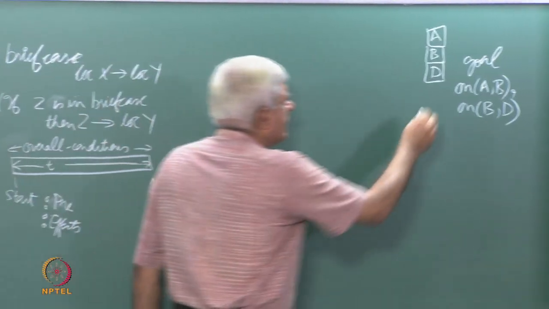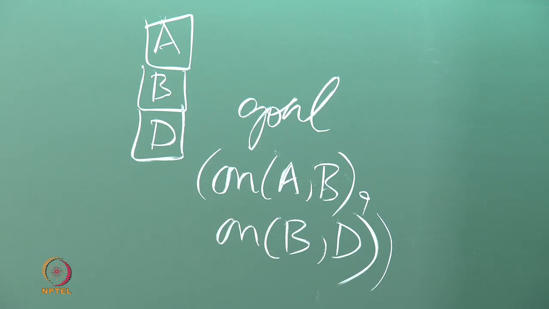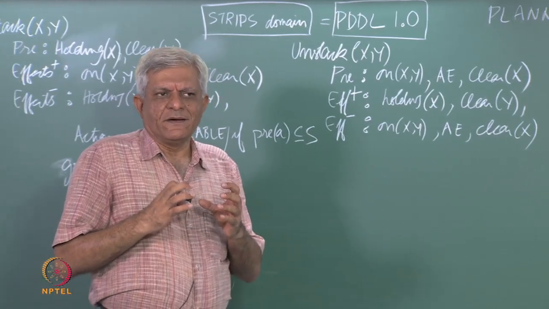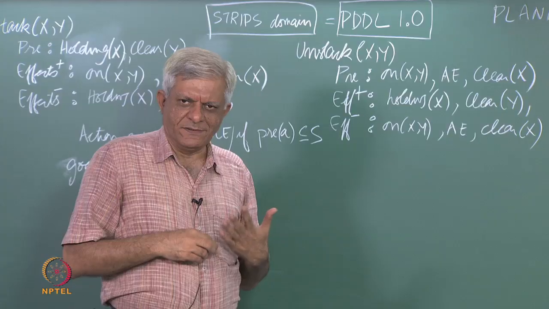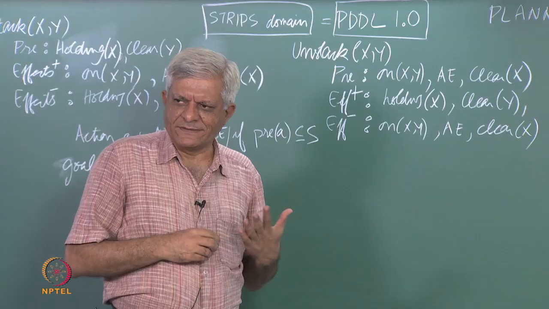So, this thing is the goal essentially, and this comma is to be interpreted as an and, which means that both the things must be true. A must be on B and B must be on D essentially. So, a goal is basically a partial description of a state that you want to be in, or the desired state essentially.